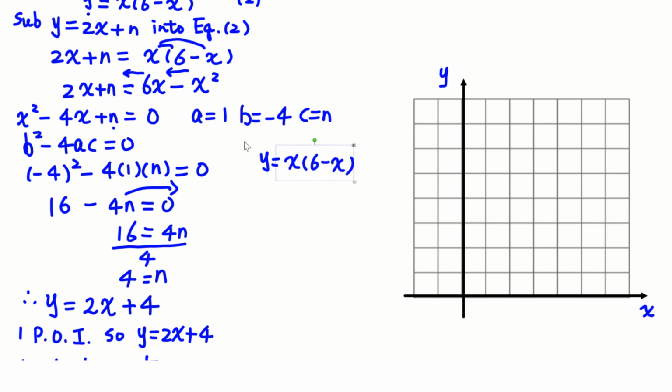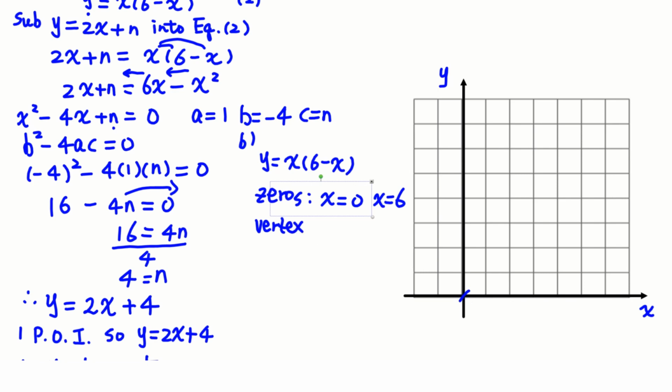So this is for question B. From here, we are able to see the zeros will be when each factor equals 0. So x equals 0, and 6 minus x equals 0 gives you x equals 6. From these two zeros, we are able to find the vertex.